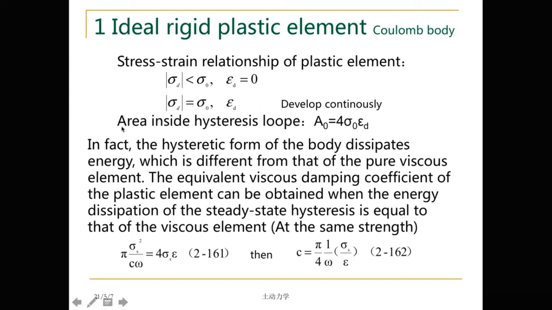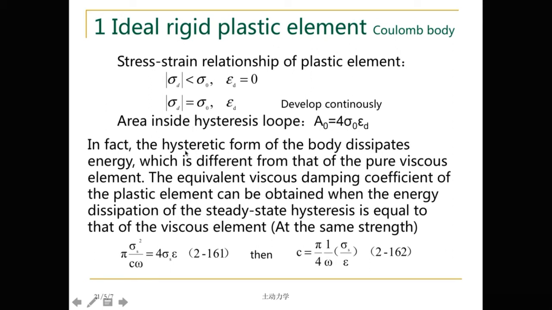Now let's see. The area inside the hysteresis loop, A0, equals 4 times sigma 0, the strength, times epsilon d. Epsilon depends on the load applied. And this is the energy loss.